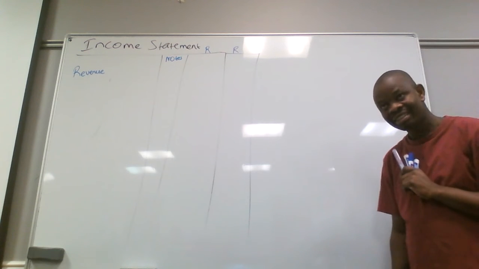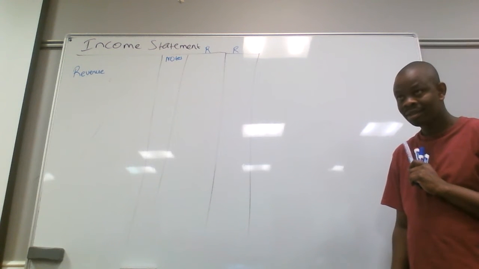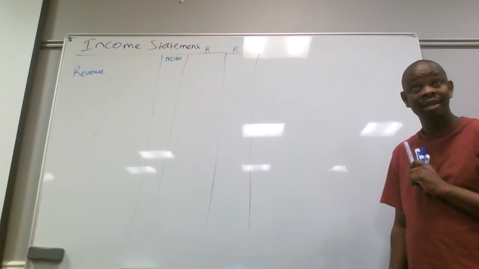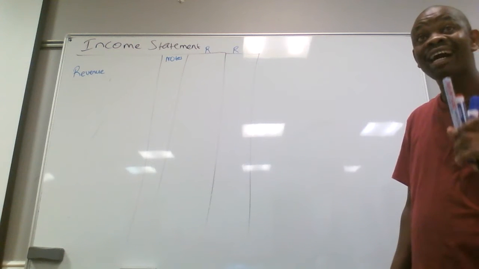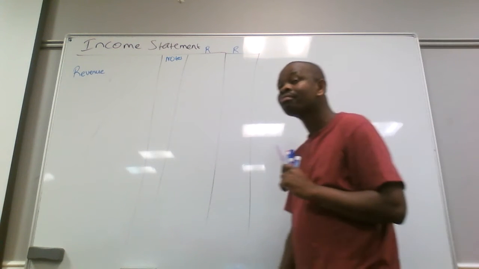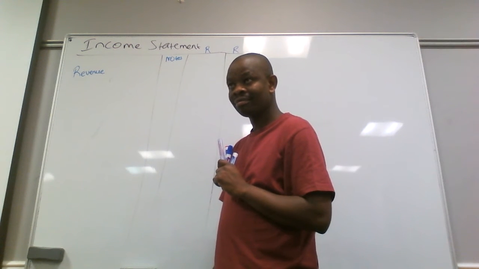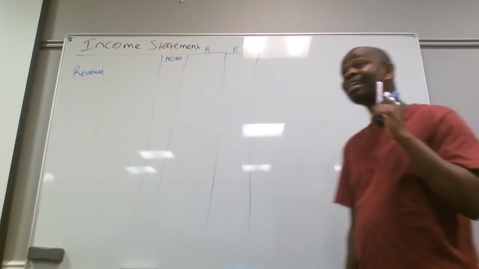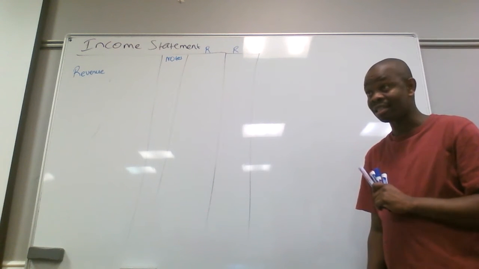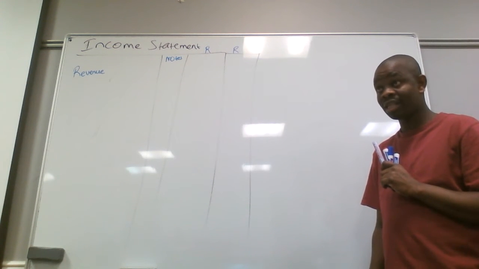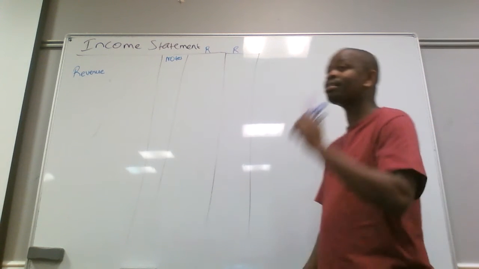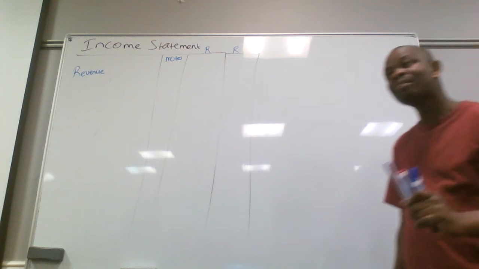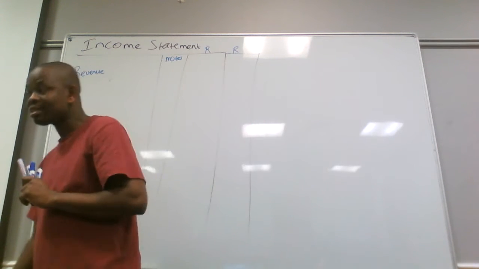Write it down. Less settlement discount granted. Did you write it down? So it's sales minus sales returns, and minus settlement discount granted.